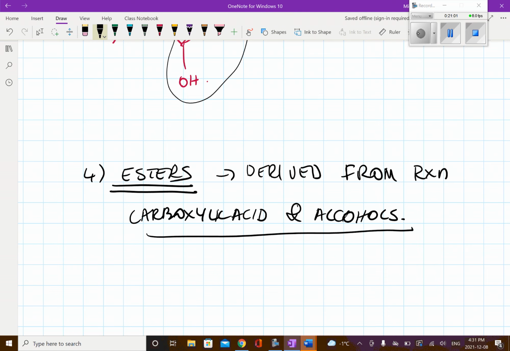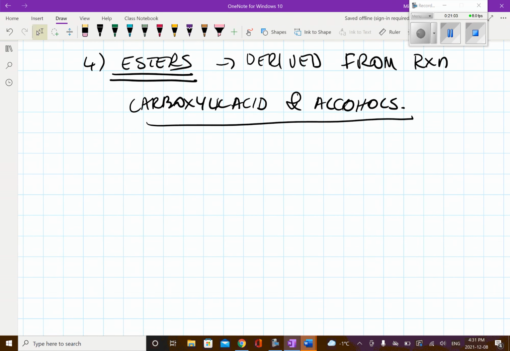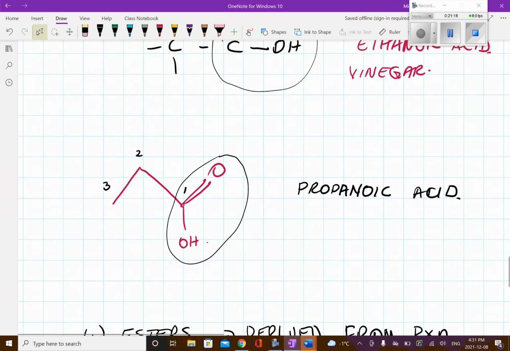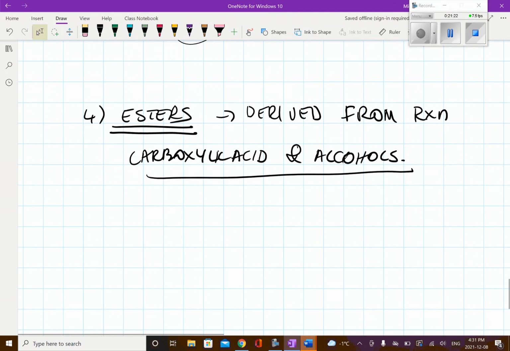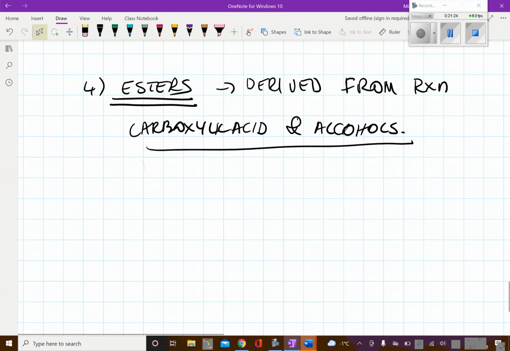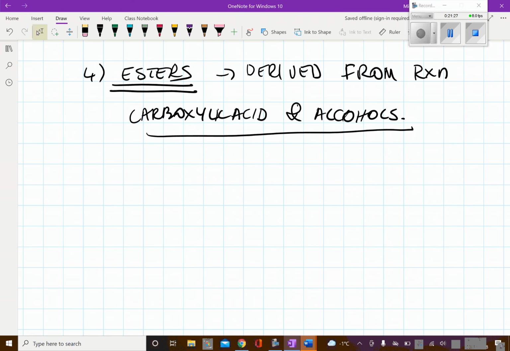First of all, this process is known as esterification. And what is unique about this, we saw it here: the carboxyl group will be the functional group in the middle. I will draw it and show it to you.